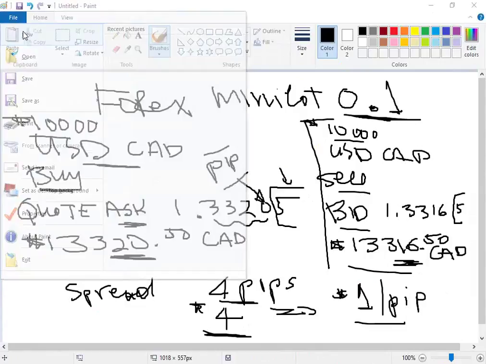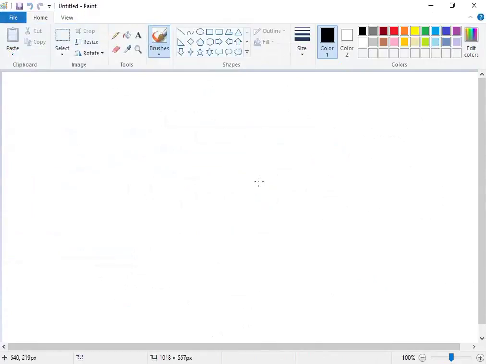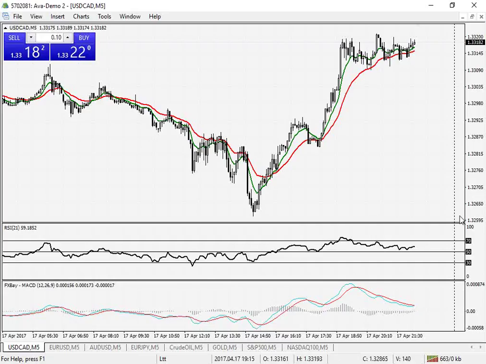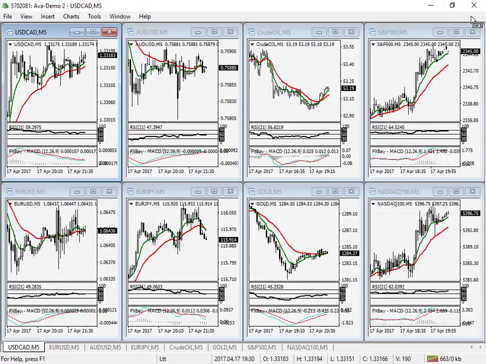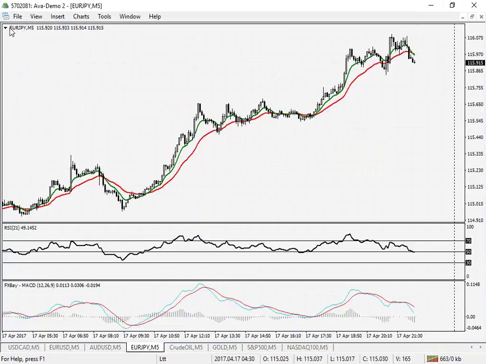Okay? All currencies that we're trading will give you 5 decimal point quotations, except for anything to do with the Japanese yen. We'll give you 3 decimals. So if I go back to my chart and I wanted to look at a currency against the Japanese yen, let's find one here. There's the euro versus Japanese yen.